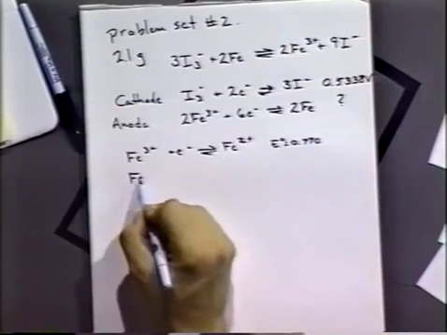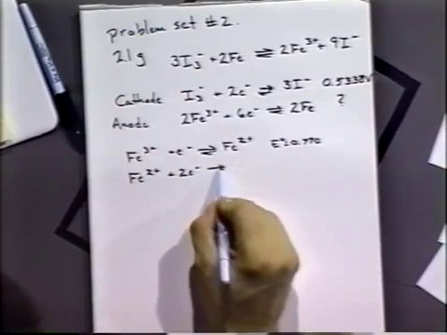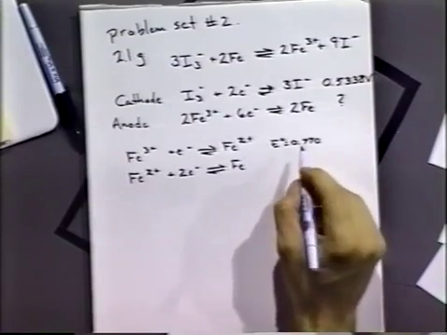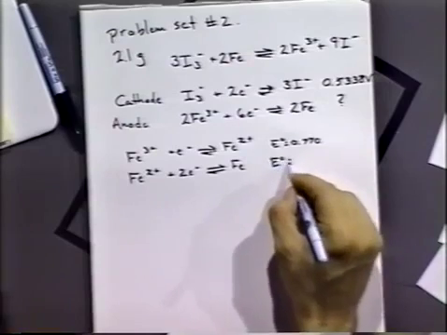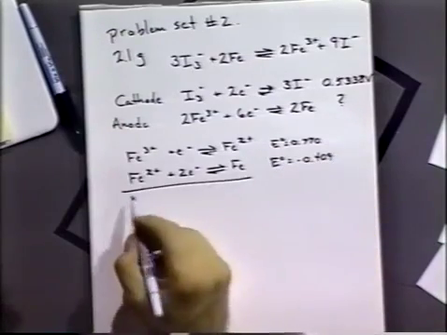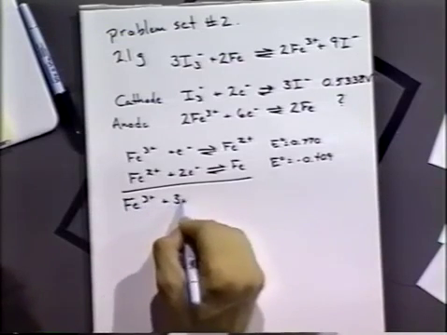There's also an E0 for iron 2+ plus 2 electrons going to iron metal, and also an E0 for that in the book. And then the overall reaction is the one we want.